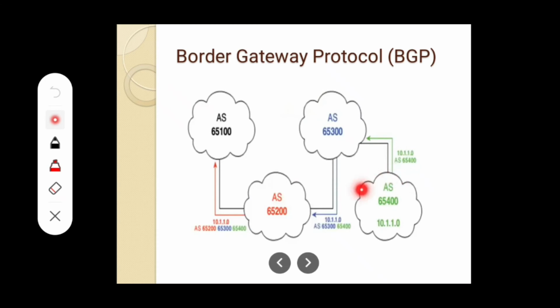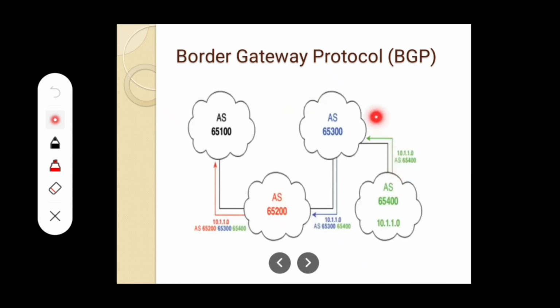The packet is initiated by this autonomous system 65400. When this reaches here, along with the address, they give the details of where this packet is coming from. The packet is coming from AS 65400. That is also mentioned here.